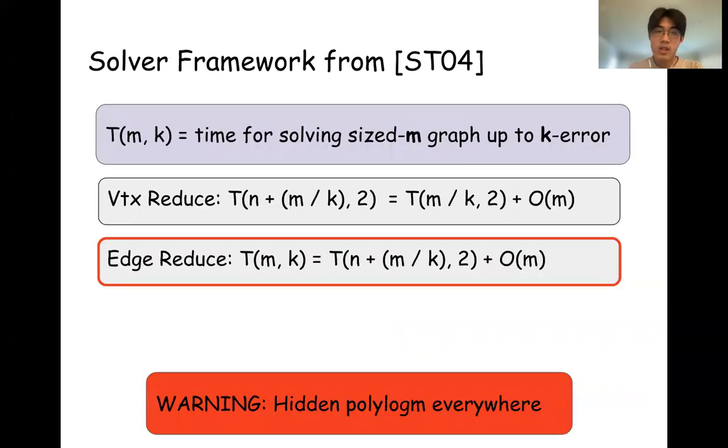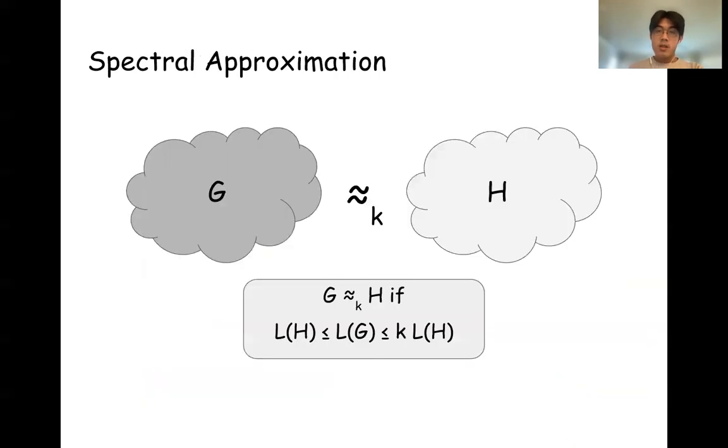The second component is this edge reducer, and so first we introduce the notion of spectral approximation. We say another graph H approximates G spectrally with quality K if their Laplacian matrices are K similar.